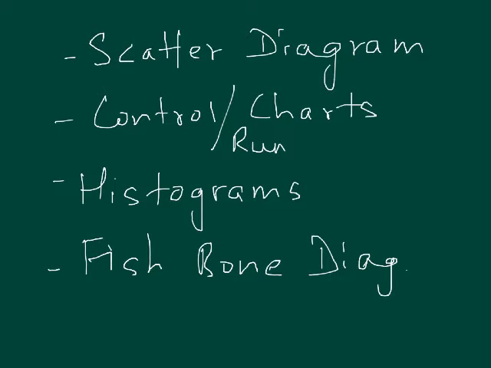So these are the 7 original quality tools that are used when we do PDCA, PDSA, and the classic problem solving methodology. Whenever we use those, we use all these 7 quality tools.